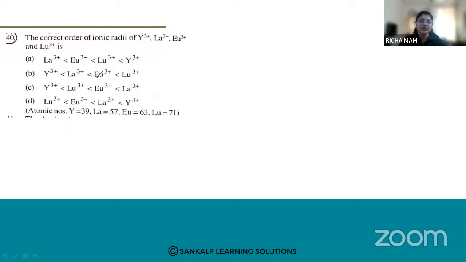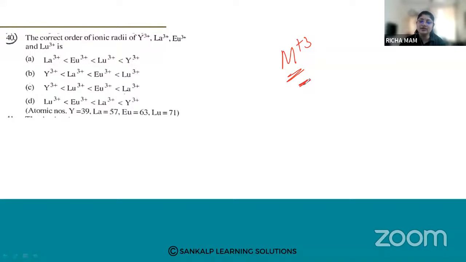Okay, let us see. We know that in the lanthanide series there is a regular decrease in atomic as well as ionic radii, because these are trivalent in nature. As the atomic number increases, there is a decrease in size. The atomic radii and the ionic radii have some irregularities.